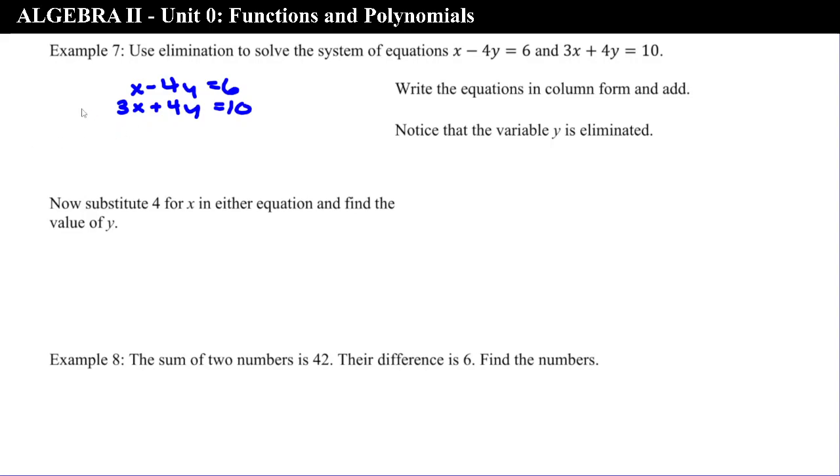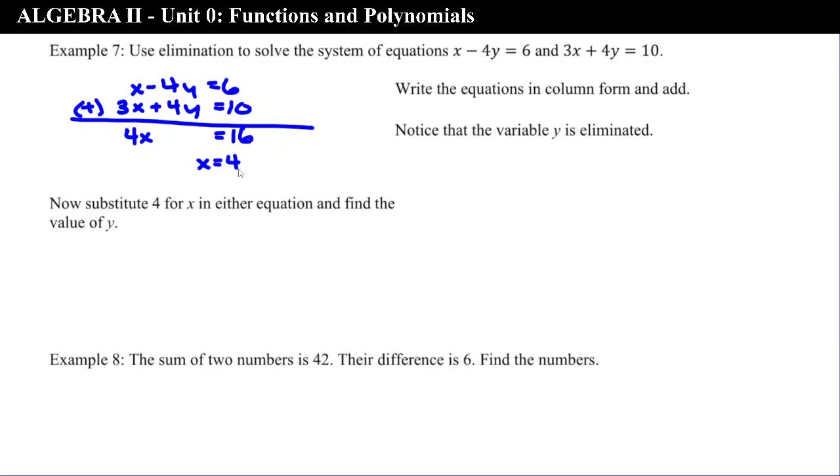So we're just going to directly add these equations together. And when we do, x plus 3x equals 4x. Negative 4y plus 4y cancel each other. And then 6 plus 10 is 16. And then we divide each side by 4, and we end up getting x equals 4.